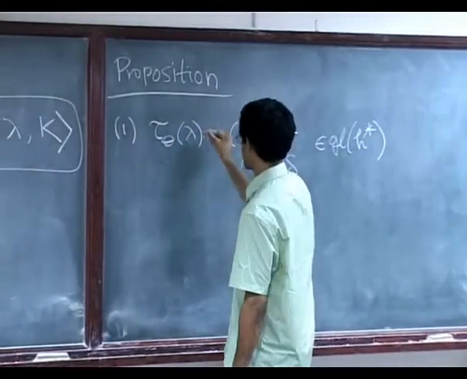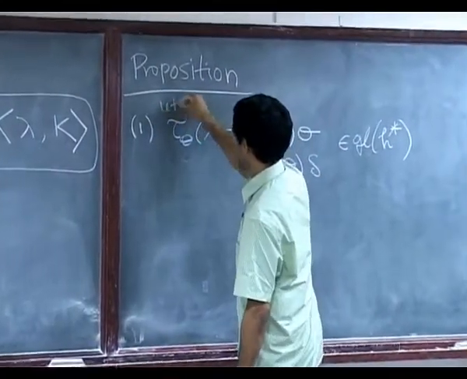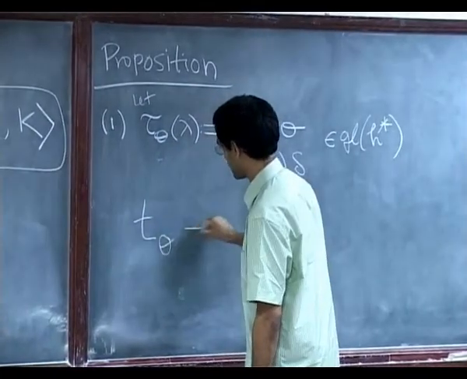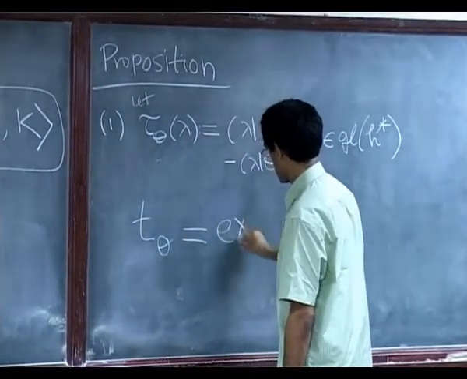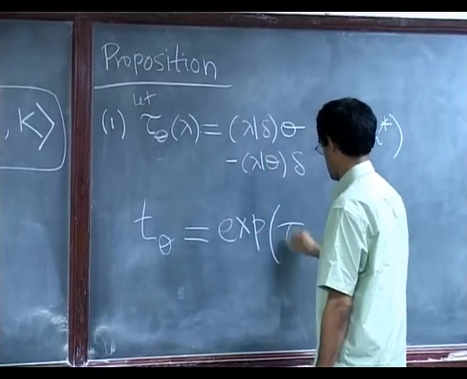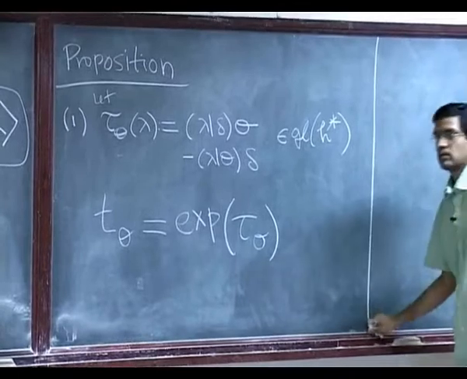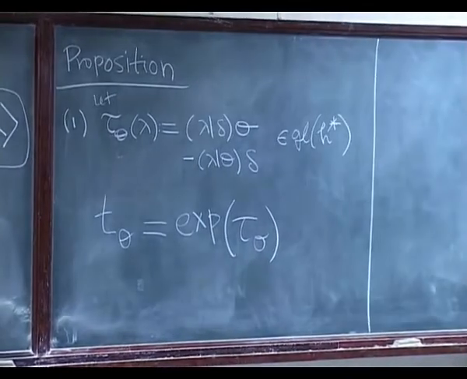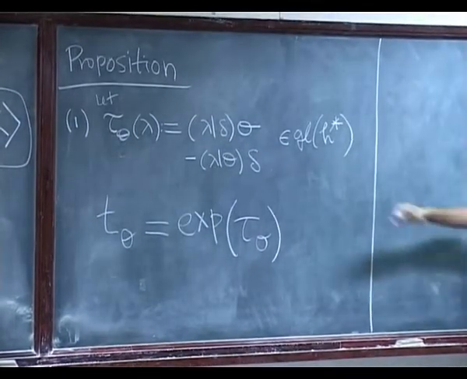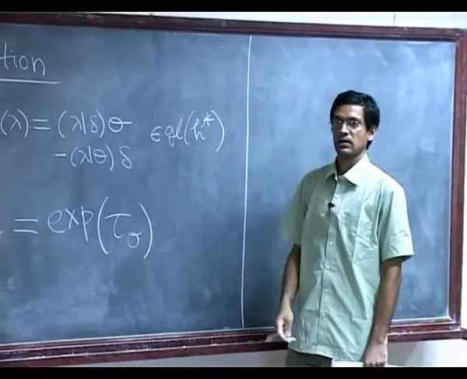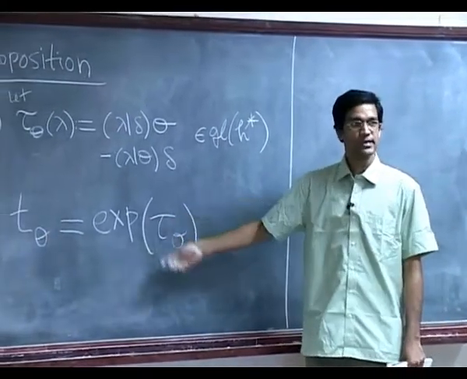So this is just a definition. Here is the proposition: this map T theta is just what you would get if you exponentiated this map. So I have a linear transformation from H star to H star, and we know what it means to exponentiate a linear operator.